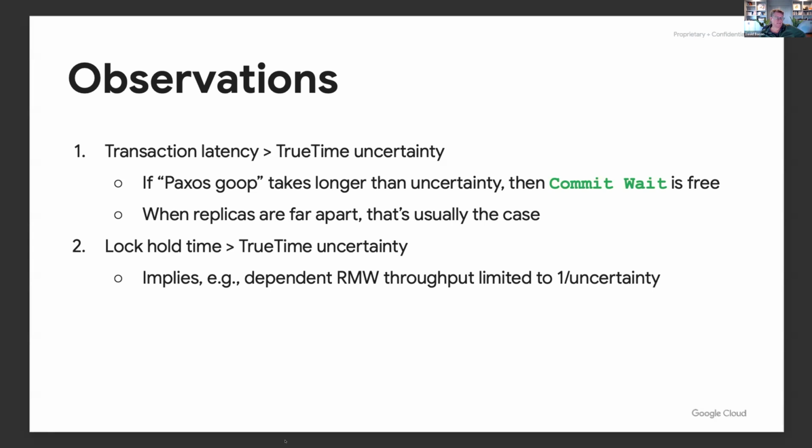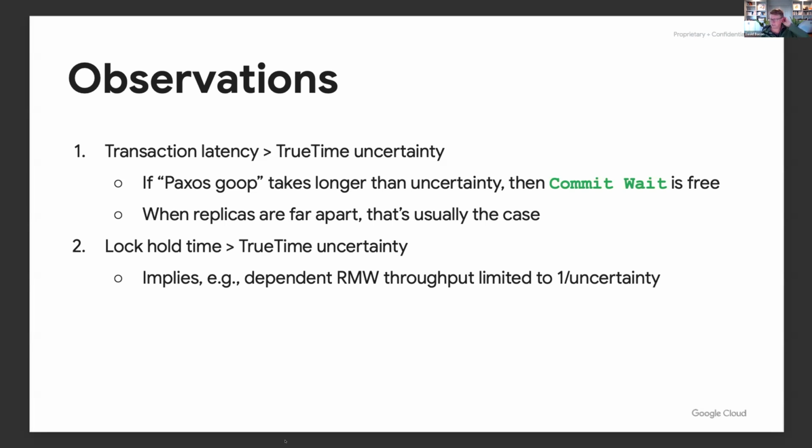And the other thing is that typically you hold locks a lot longer than the TrueTime uncertainty. And that implies, among other things, that if you have a sequence of data-dependent transactions, that's going to limit your throughput on data-dependent information to 1 over the uncertainty.